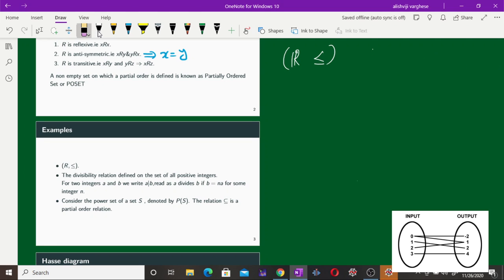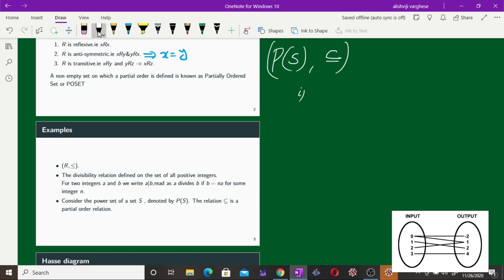So let's consider a non-empty set S, and P of S be the power set of S. On the power set of S, that is the collection of all subsets of S, we define the subset relation.